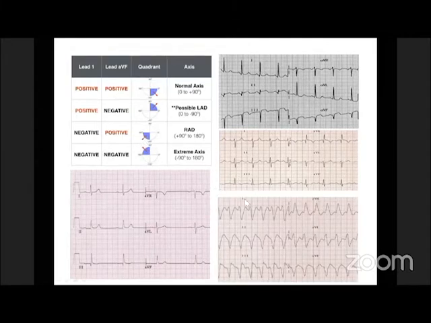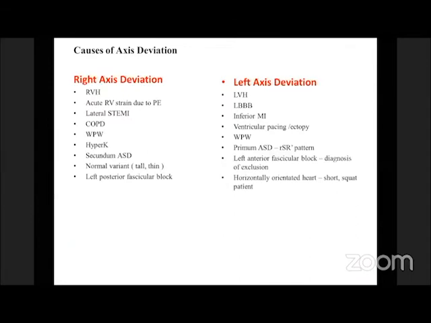And when both lead 1 and aVF are negative, it means there is extreme axis deviation. It usually occurs when there is abnormal activation of the ventricle, as in VT or in a patient with a pacemaker. We have different causes of right axis deviation or left axis deviation. I'm not going to waste too much time on the causes. You can take the lecture later on.